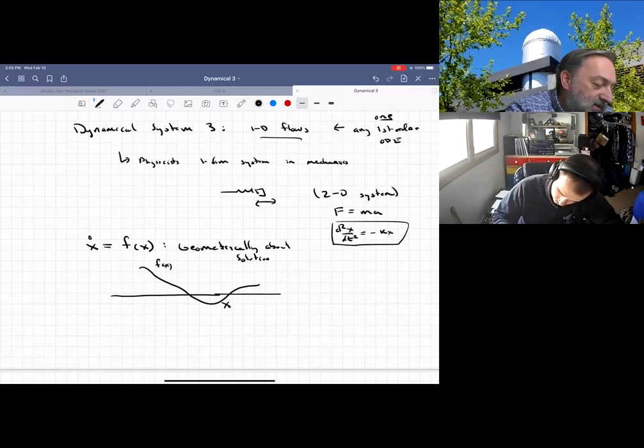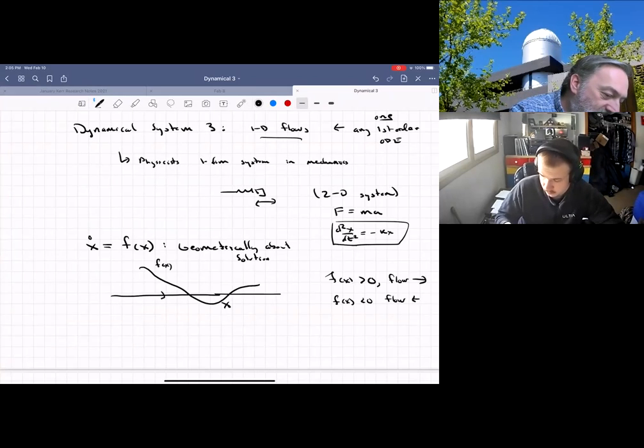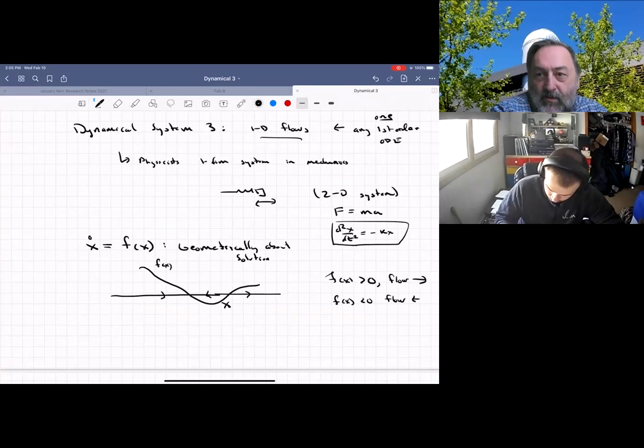And if x dot is f of x, whenever f of x is positive, the flow is to the right. And whenever f of x is negative, the flow is to the left. And so we see here that the flow looks like that. And it flows to the right until we reach this point.